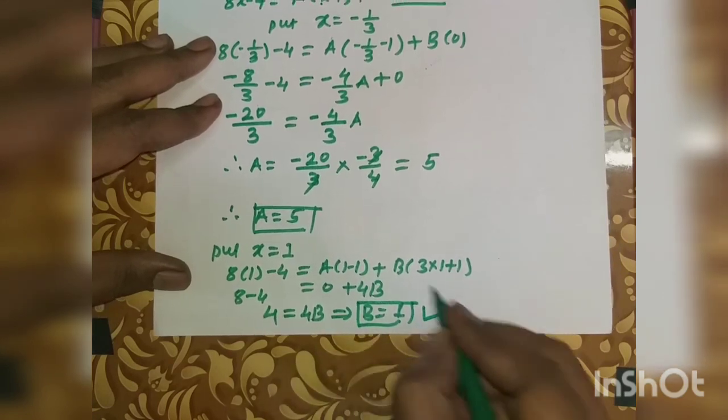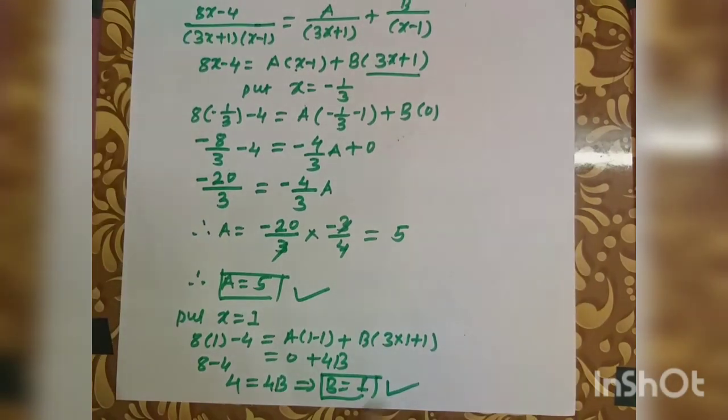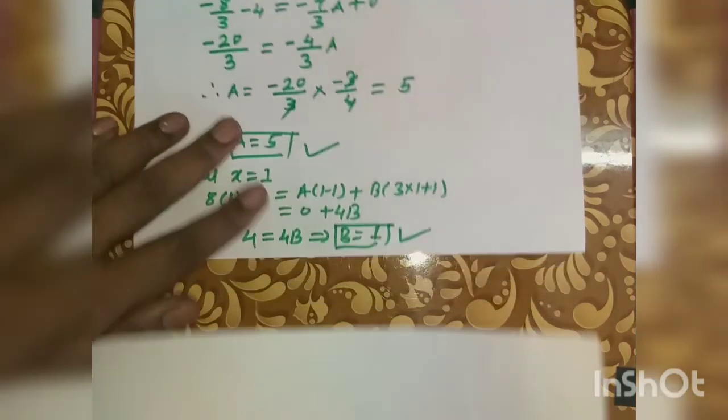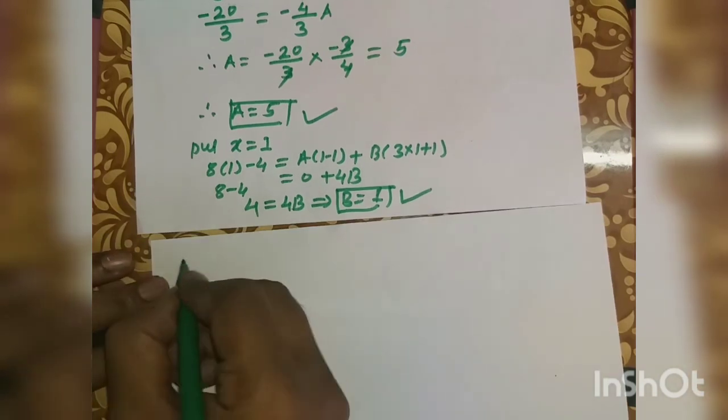Now we get the values of a and b. This is the most important part: after finding the values of a and b, we get the solution. Now first write the given equation.